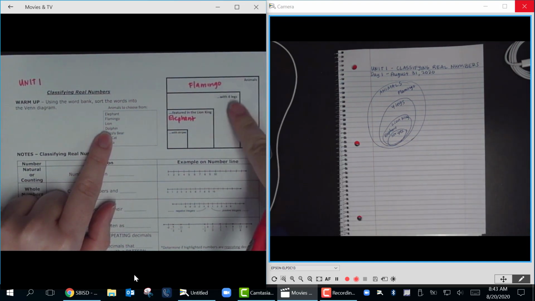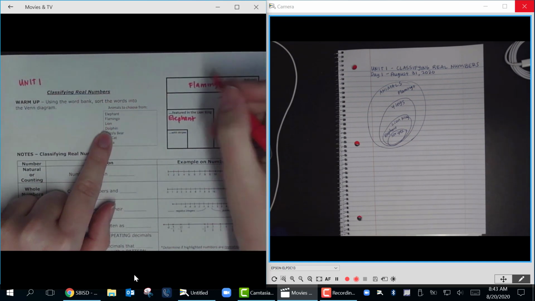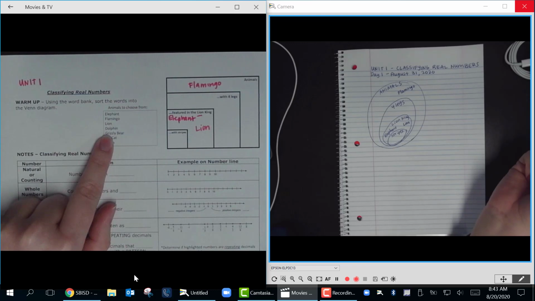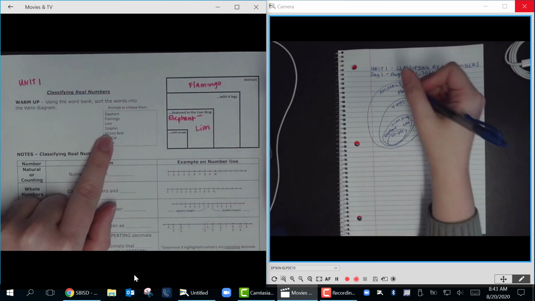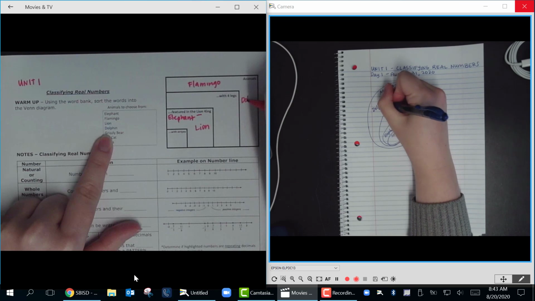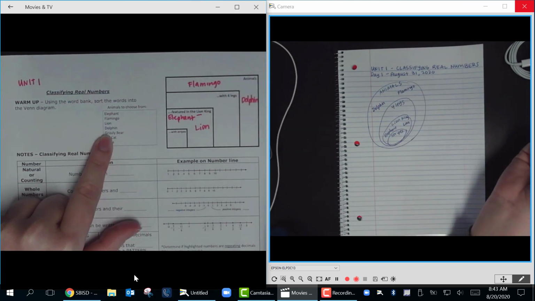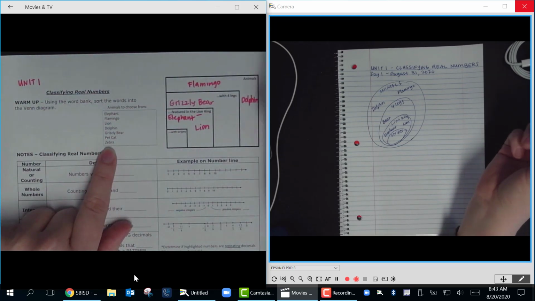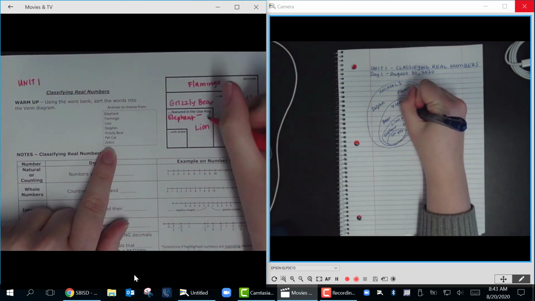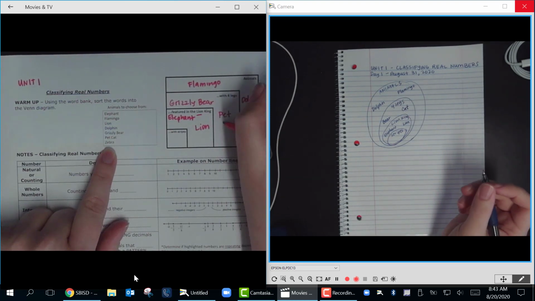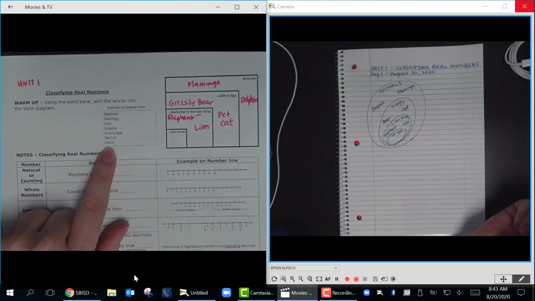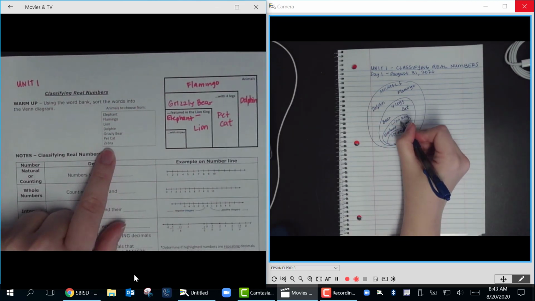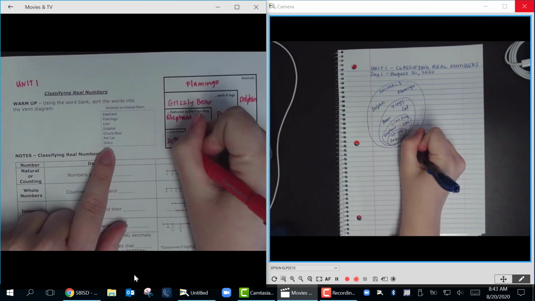Lion, animal with 4 legs. Well, was it in The Lion King? I think so. Dolphin is an animal, doesn't have 4 legs. So I'll just put that here. Grizzly bear, animal with 4 legs. Here we go. Pet cat is an animal with 4 legs, but that cat wasn't in The Lion King. Those were big cats. And then zebra is an animal with 4 legs. Was definitely in The Lion King, and it has stripes.